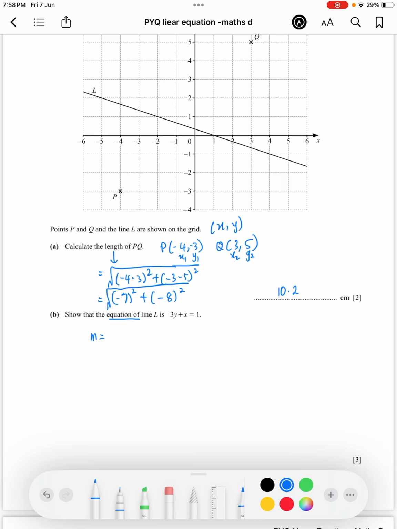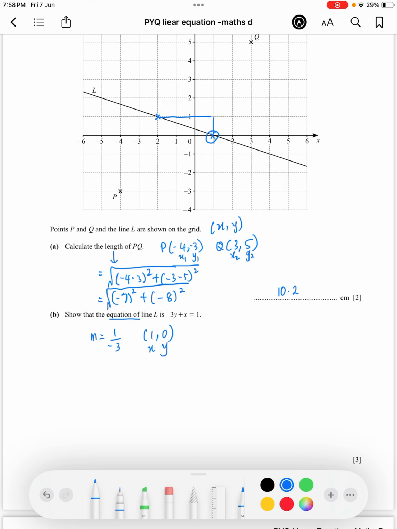So I'll take 1 point below here and I'll take this point here. From below here, rise 1 and then 3 to the left, so that means the gradient is -1/3. Then I'll pick 1 point here, 1, 0, so that's my x, that's my y.